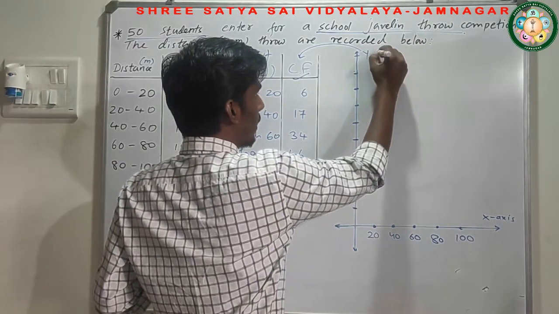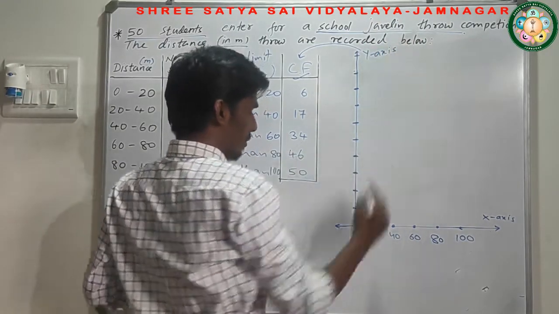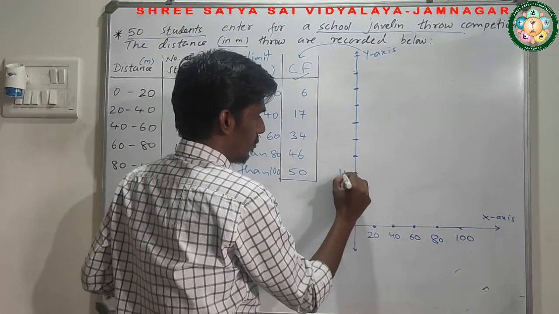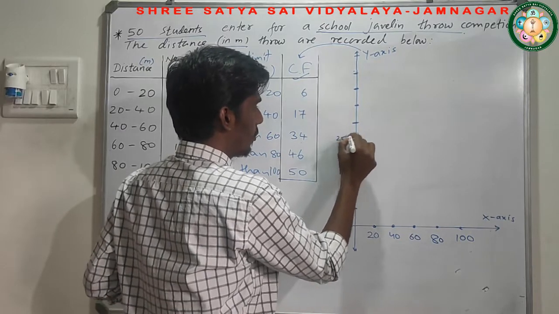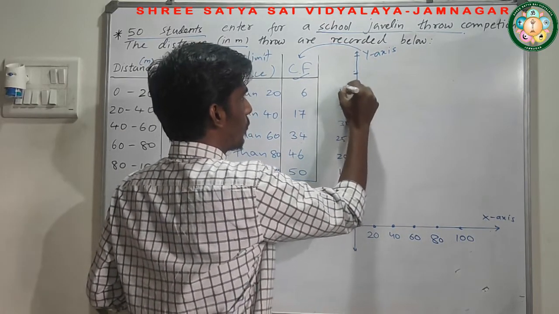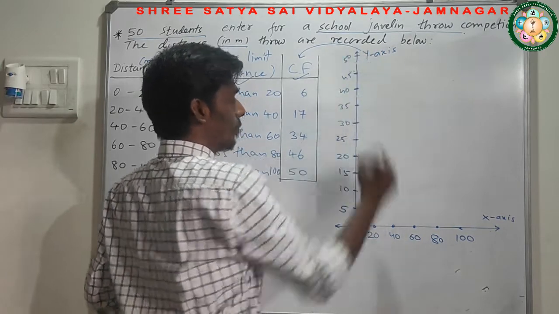We'll take this one as y-axis. So this is 5, 10, 15, 20, 25, 30, 35, 40, 45 and 50.